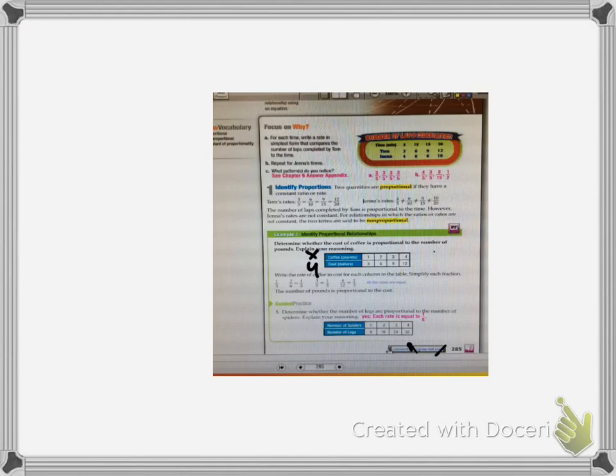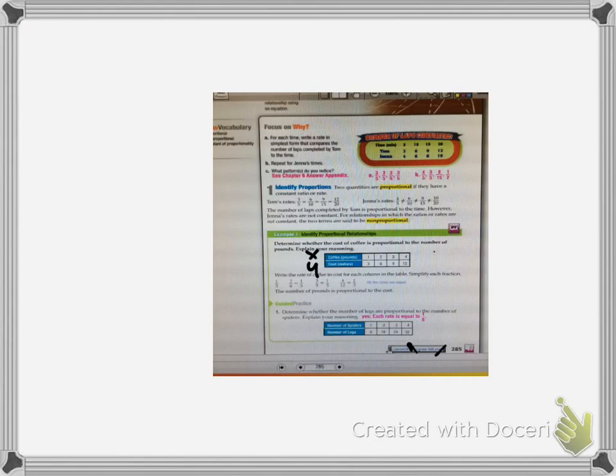You're going to assume that this is X and Y, so you're going to create a ratio: 1 over 3, 2 over 6, 3 over 9, 4 over 12, and you're going to put them in simplest terms and simplify the fraction. And you're going to see there's a constant ratio of 1/3, 1/3, 1/3. So yes, this is a proportional relationship.